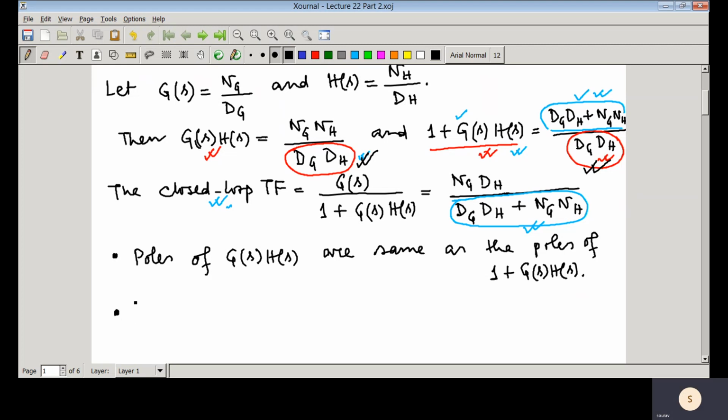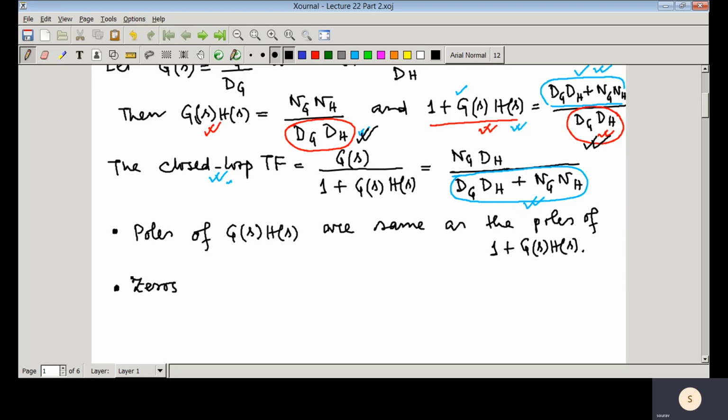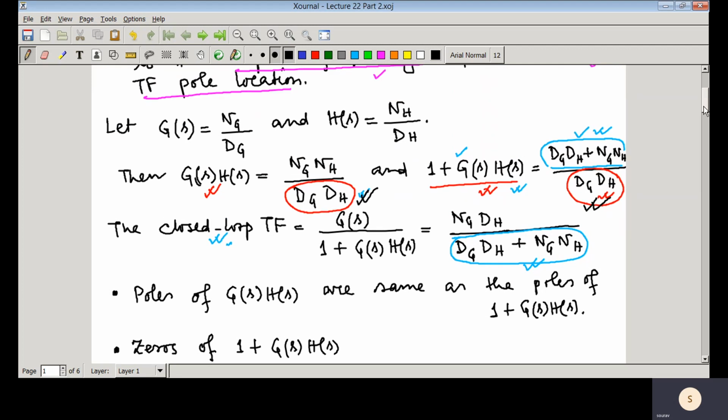And the second point is the zeros of 1 plus G(s)H(s). This is very important, because this concept would be used in the criterion. The zeros of 1 plus G(s)H(s) are nothing but the poles of the closed loop system.